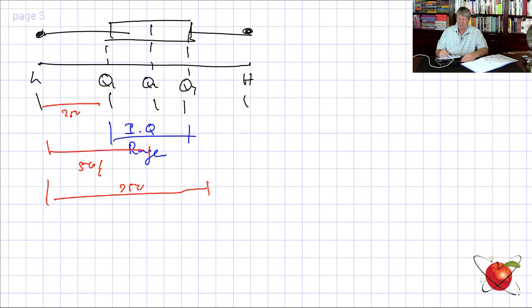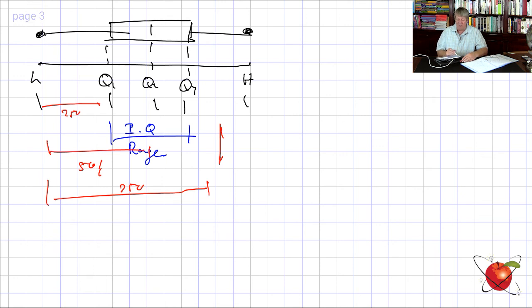So therefore, if they say to you, how many students fall into whatever range, you can say, hold on, it's 25% of the number.